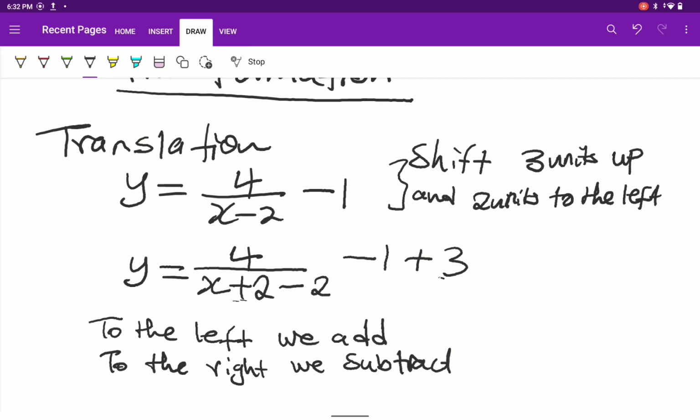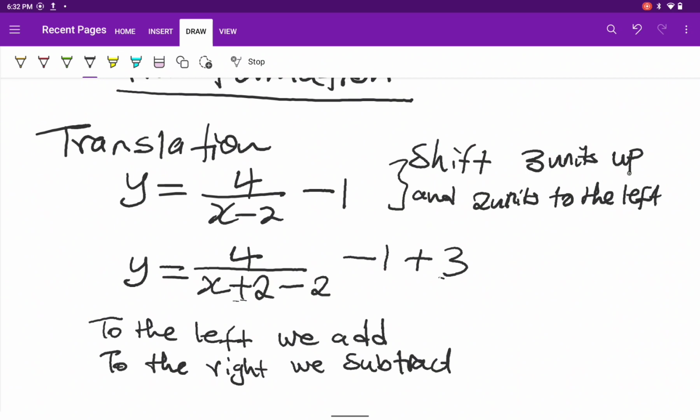Right, I'm writing this because it can be confusing. They are saying to the left. So when they say to the left, generally our minds will be telling us that left we must be subtracting, but actually to the left we add, and when they say to the right we must subtract.